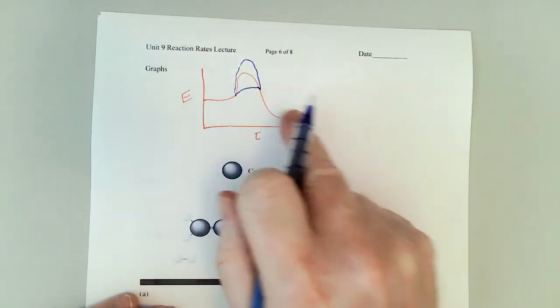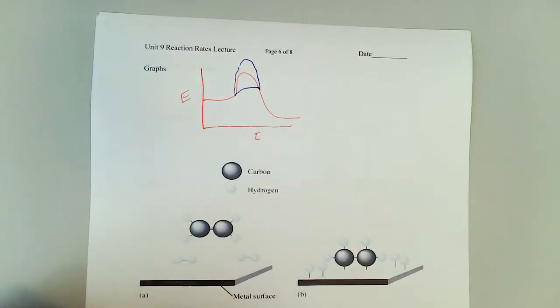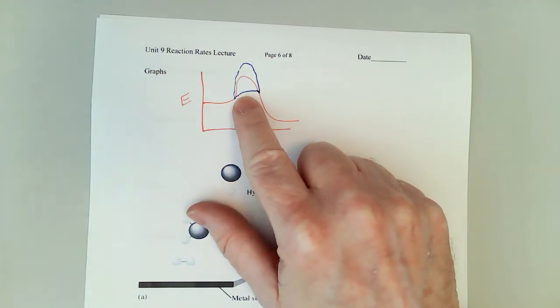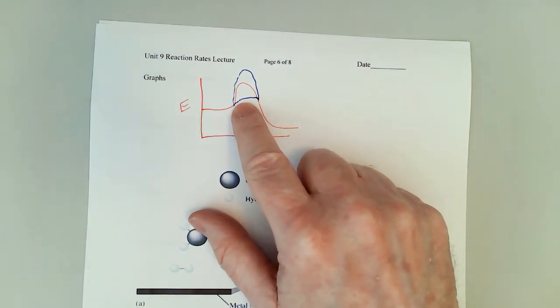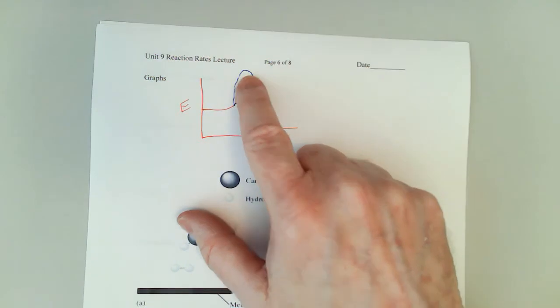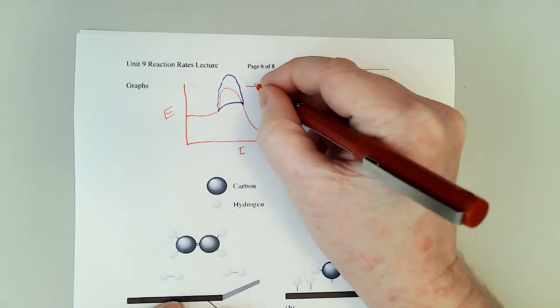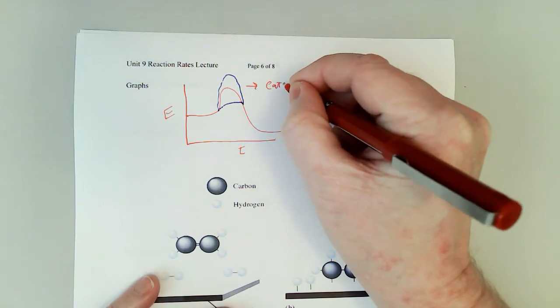Doesn't interfere with reactants or products. It just means with the lower energy pathway, more of the molecules have the necessary activation energy, reacts faster. Higher energy pathway, the opposite, goes slower. So we say that these pathways are catalyzed.